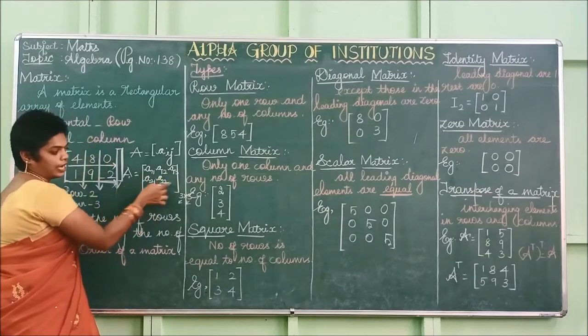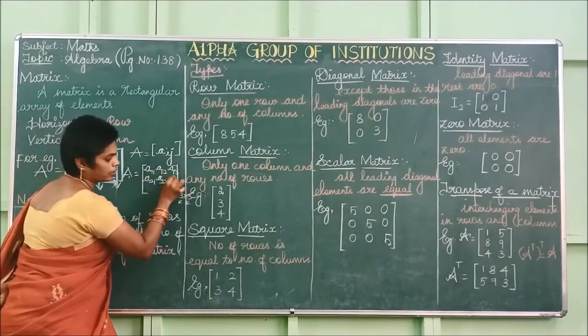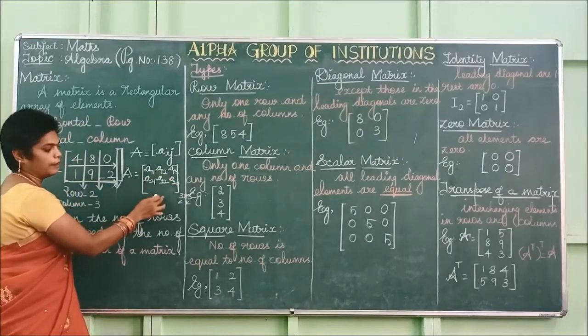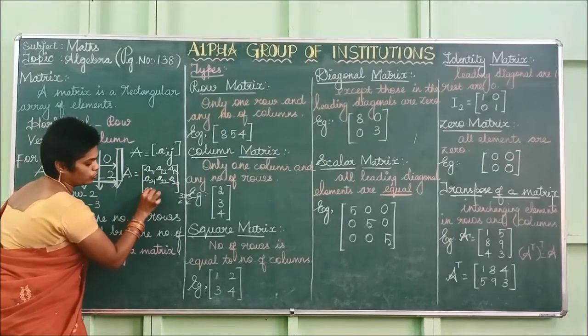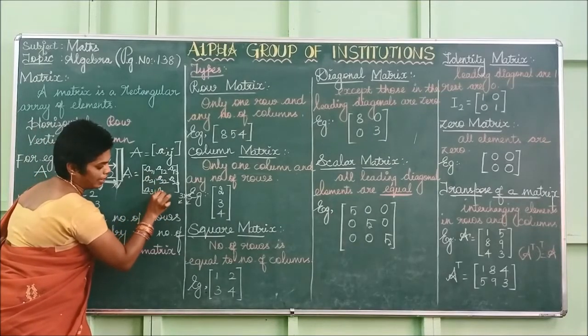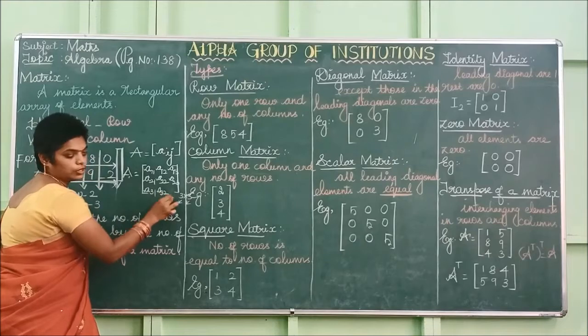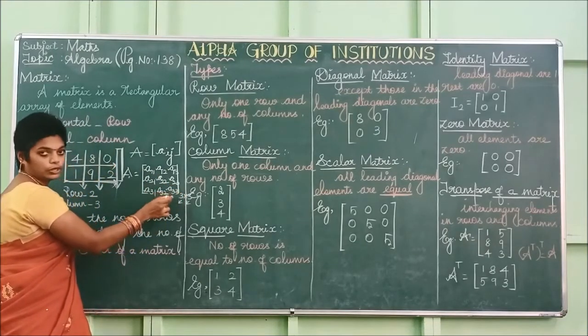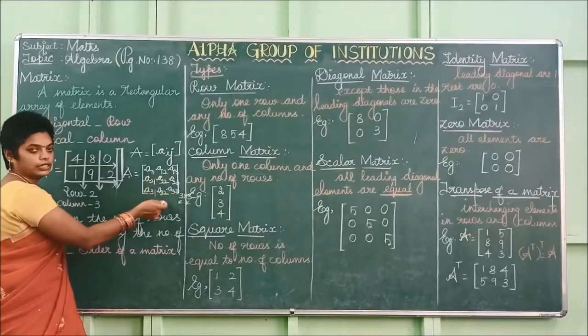A22, second row, second column. A23, second row, third column. Now move on to the next row: A31, third row, first column. A32, third row, second column. A33, third row and third column.